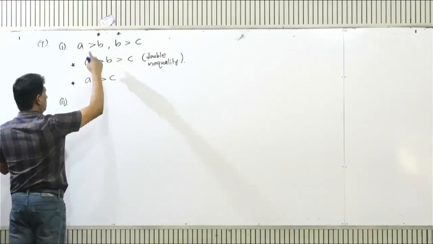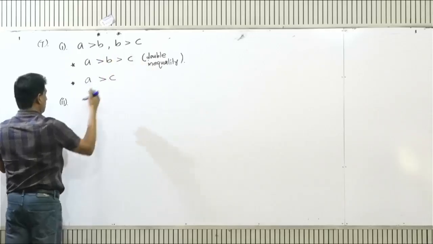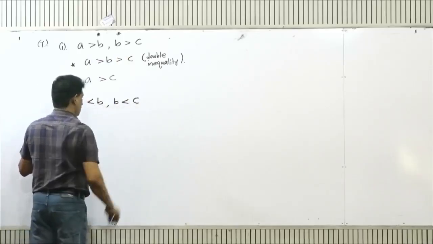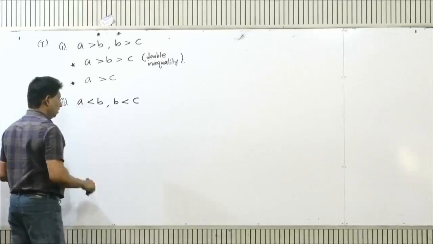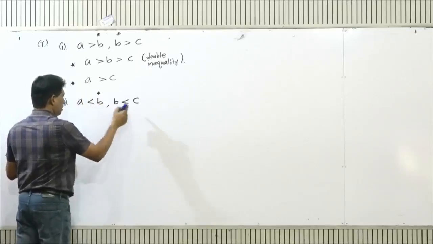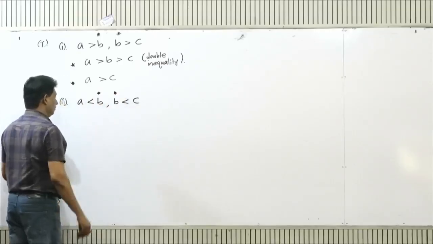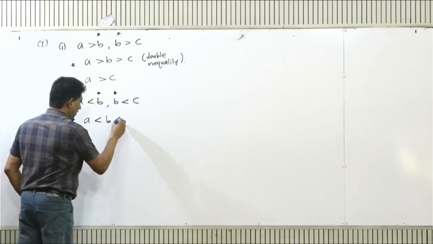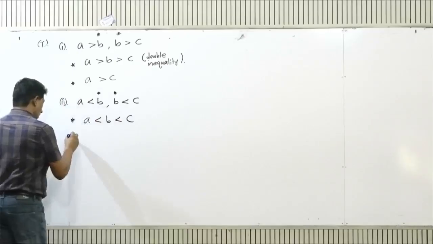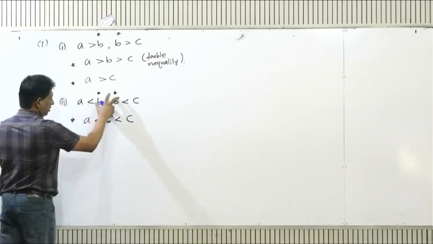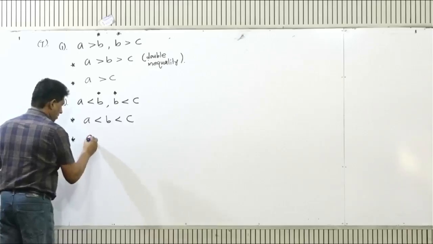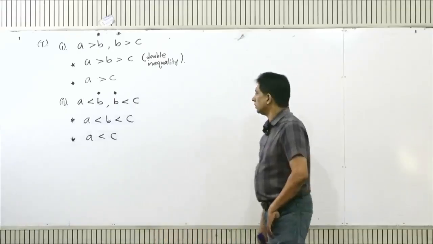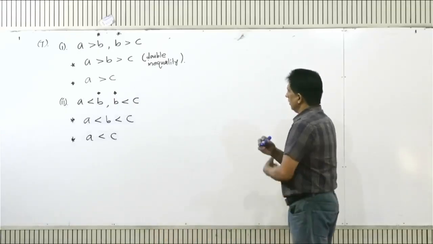For the other inequality mark: A is less than B and here B is less than C. That means there are two inequalities. This inequality's right hand side and this inequality's left hand side are the same. Now we can write by combining these two a double inequality. The other one we can write directly by skipping B: A is less than C. This is the 7th inequality law.